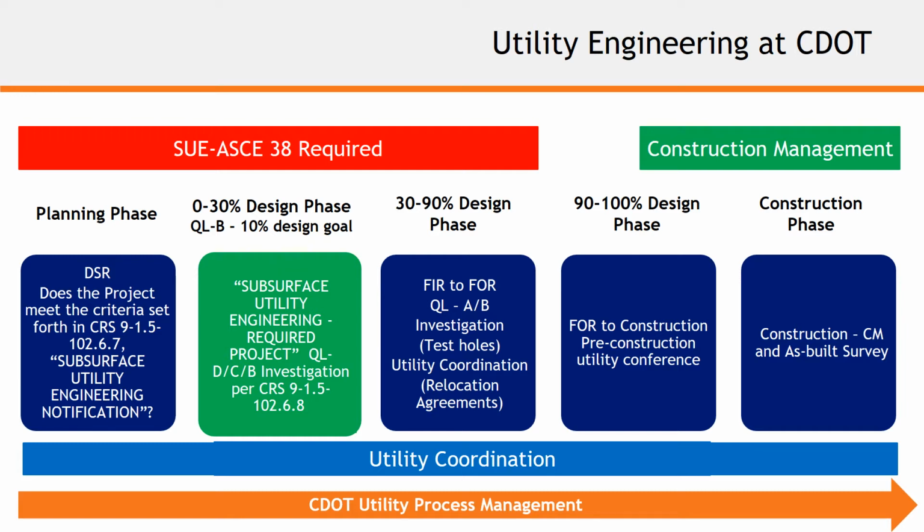So when you look at subsurface utility engineering investigations, quality level B, trying to obtain that data by 10% design, and then allowing designers the time to leverage that SUE information up to 30% design, that will then shape the utility conflict matrix much better because you've had the ability to design, and have time to design, with quality level B information or SUE information, or even just good existing utility data, in order to build that utility conflict matrix.